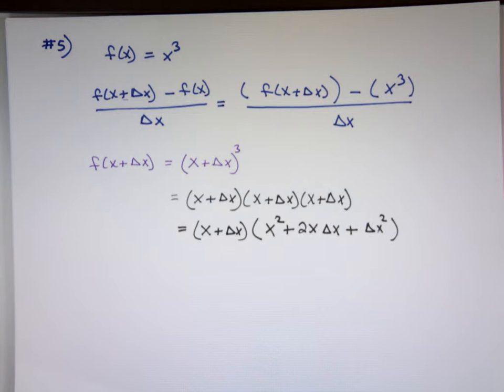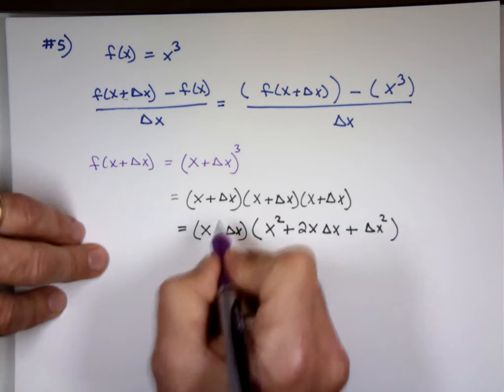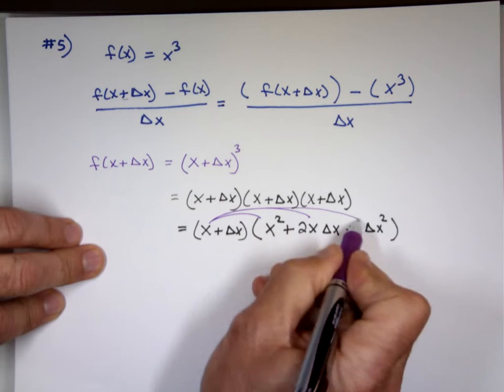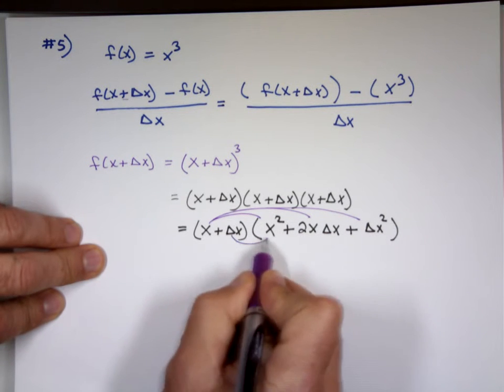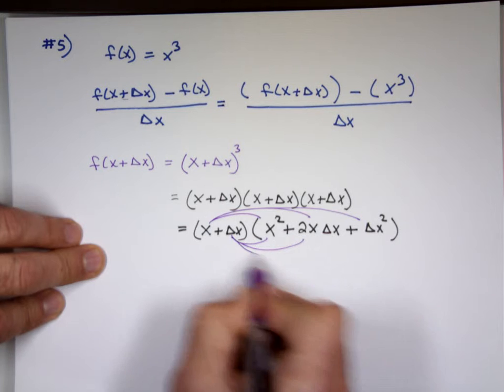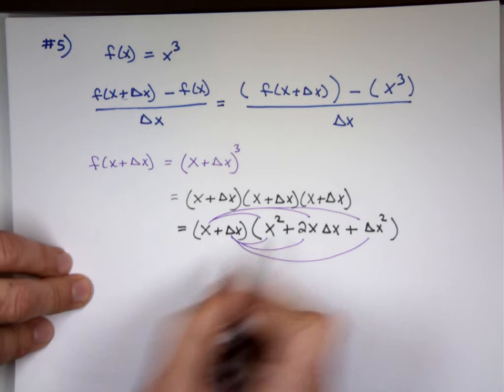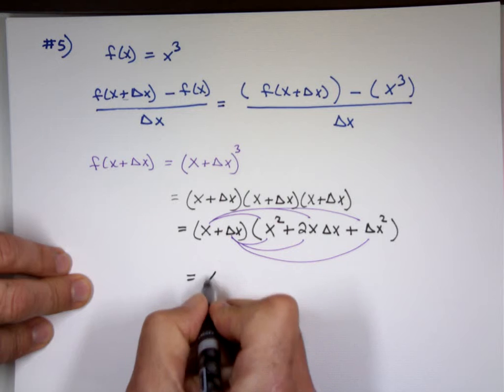And now you got to take this one, multiply it by all 3 of them, and when you're done, take delta x, multiply it by all 3 of them, and collect like terms. What is x times x squared? X cubed.